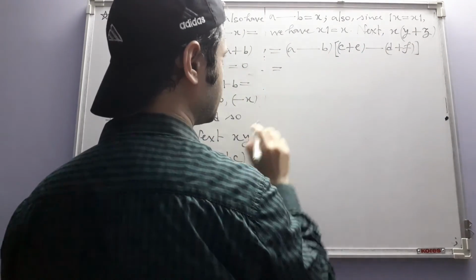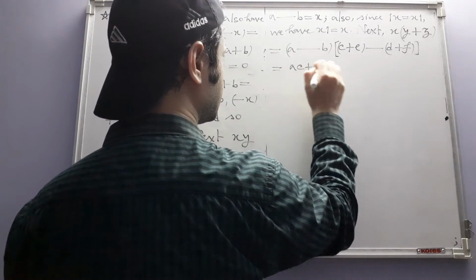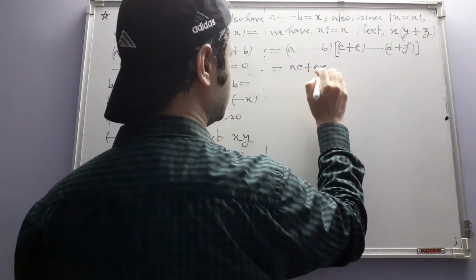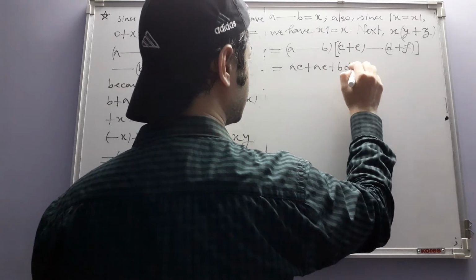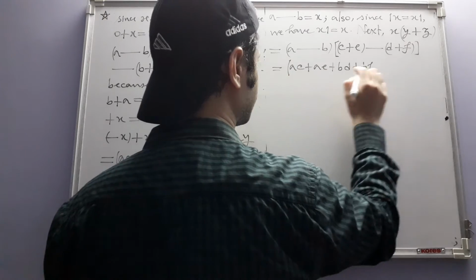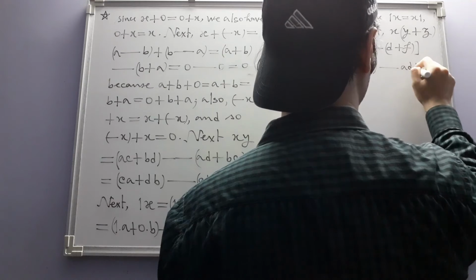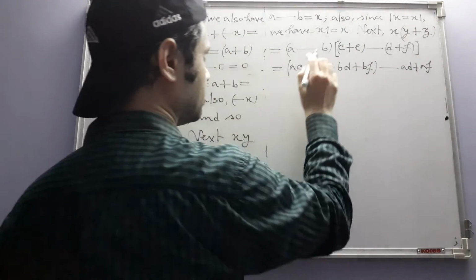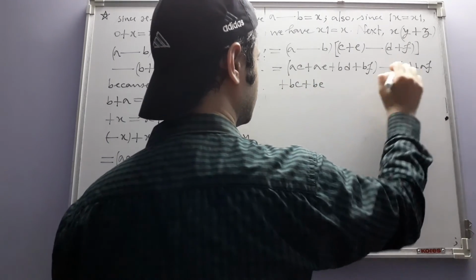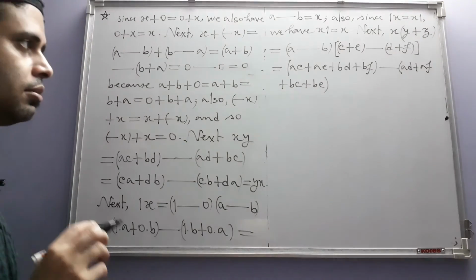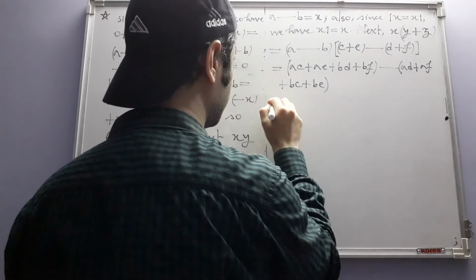Okay, so this is equal to this times this one, which gives us ac plus ae plus bd plus bf, dash ad plus af plus bc plus be. So here we have already used the left distributive law that we have in the system of natural numbers.